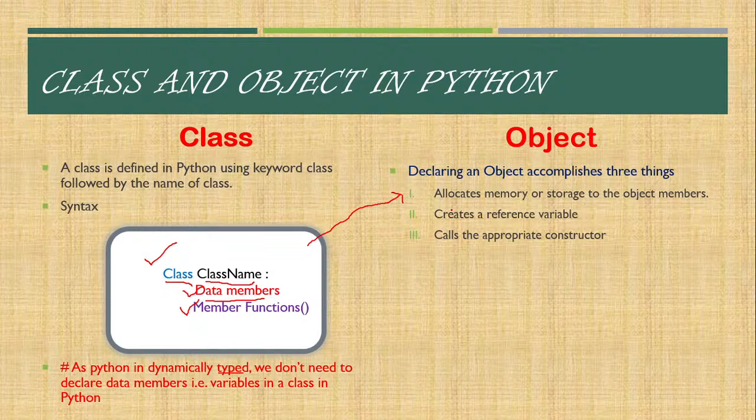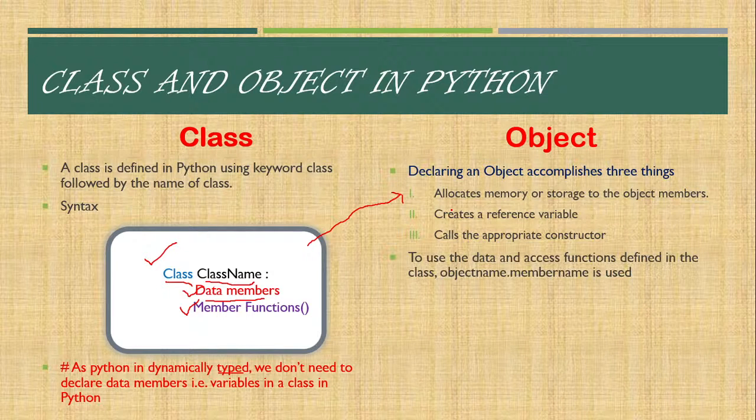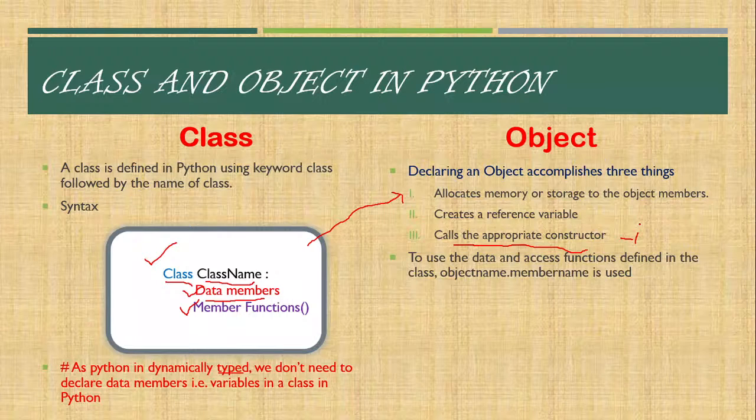There is a certain set of statements which we want to be executed, and all those statements are placed within this constructor method. In Python it is represented by underscore underscore init underscore underscore, which is a method that is called implicitly.